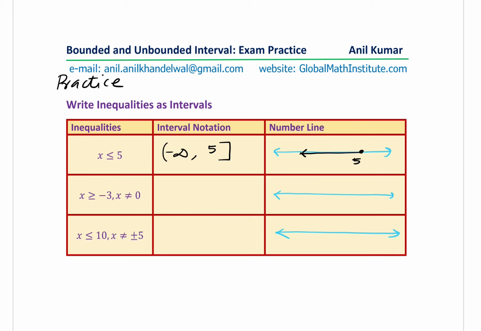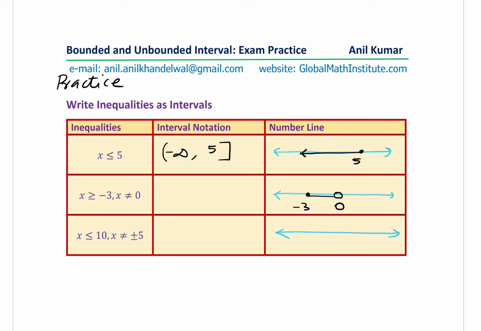The second one is that x is greater than or equal to minus 3, but x is not equal to 0. How will you do this? Well, x not equal to 0 will be a circle which is not filled in, and this will be at 0. Now we are saying that x is greater than or equal to minus 3. Minus 3 will be, let's say, on the left side, so that is minus 3. Greater than means we are moving towards the right-hand side.